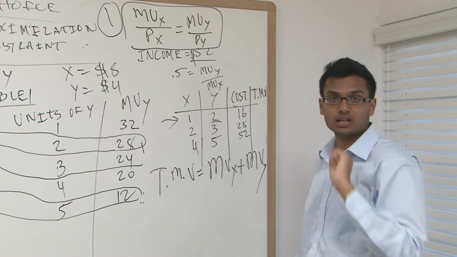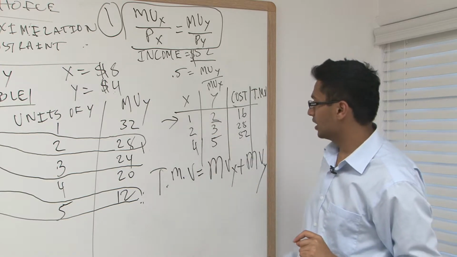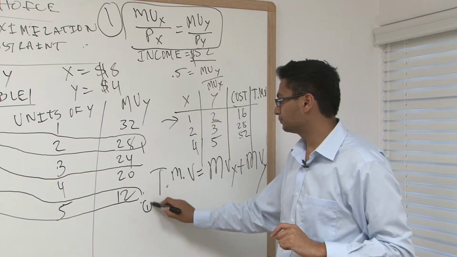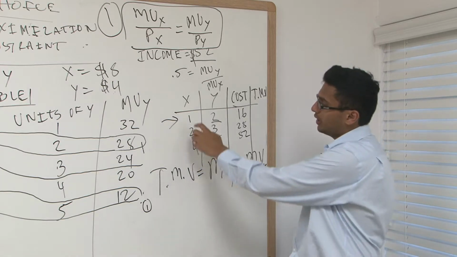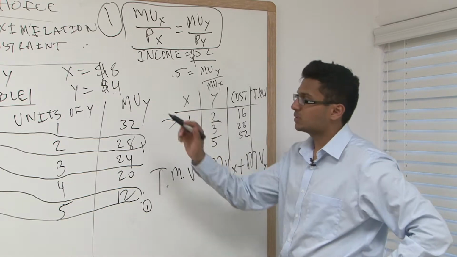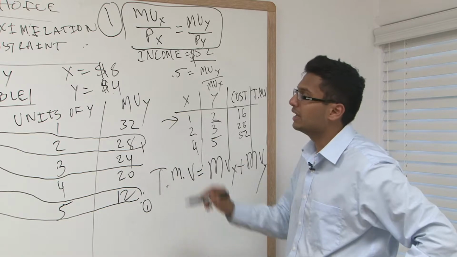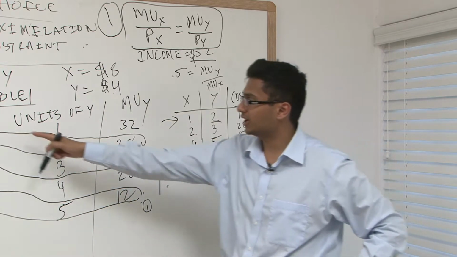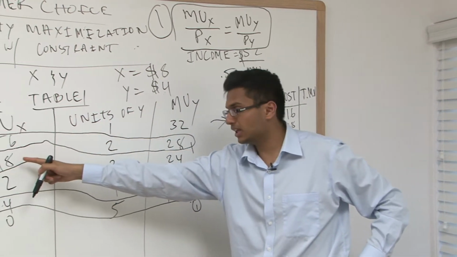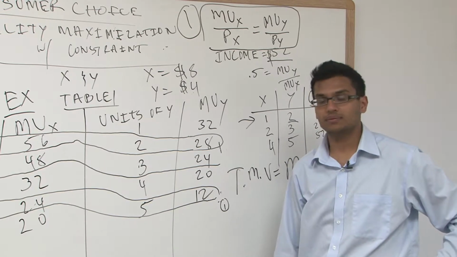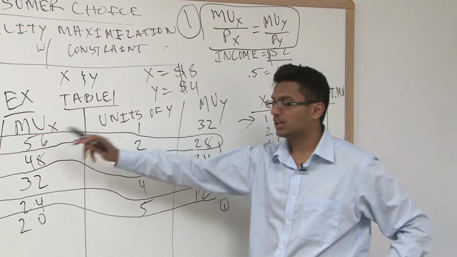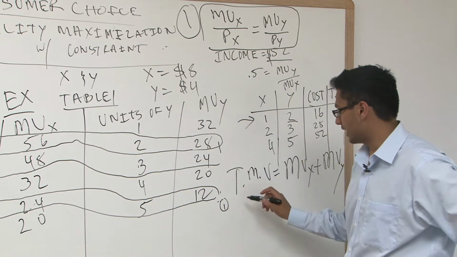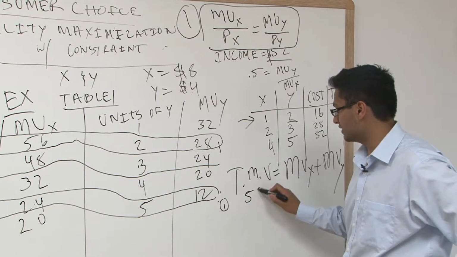All right, so let's do the first combination. I have 1 unit of X, which gives me 56 utils. If you look over here at the MUX column, the first unit gives me 56 marginal utils. So I get 1 unit and I get 56.